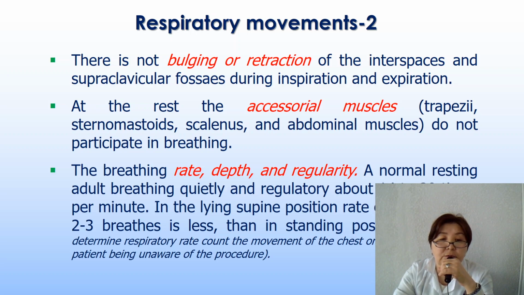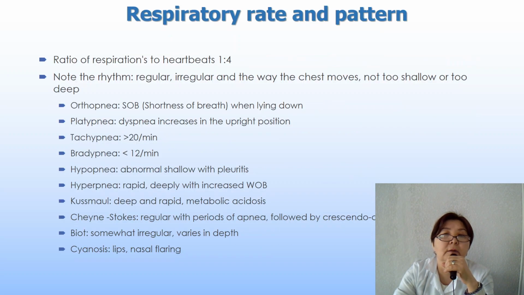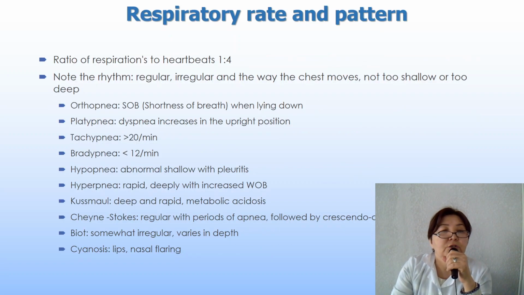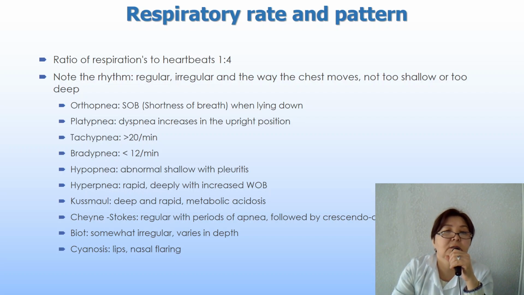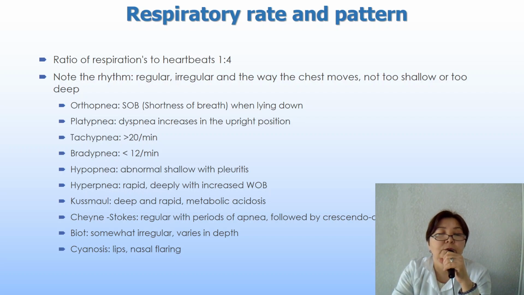In order to determine respiratory rate, count the movement of the chest or abdominal wall, with patient being unaware of the procedure. Ratio of respirations to heartbeats is 1:4. Note the rhythm, regular, irregular, and the way the chest moves, not too shallow or too deep.